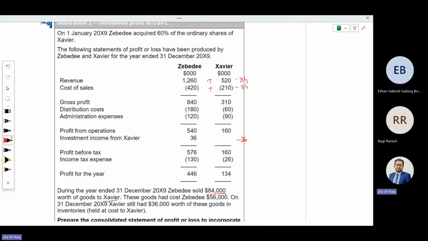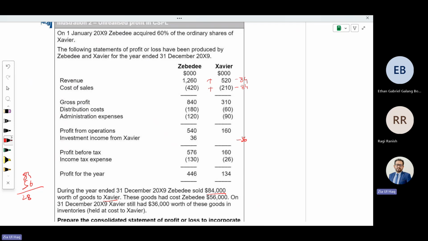Out of 56. How much is the profit? If they sold 84, the cost was 56. What was the profit? 28. And we need to eliminate the profit part from unsold inventory.